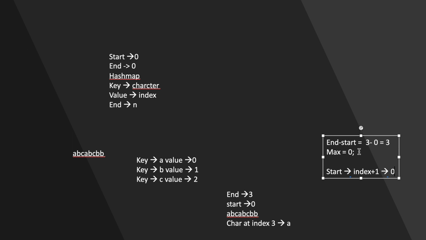It's 0. So start value will be 0 plus 1 is equal to 1. After all this, it's a mandatory step that we need to update value of key a equals 3 in hash map. So that's the conditions to be included in the loop.